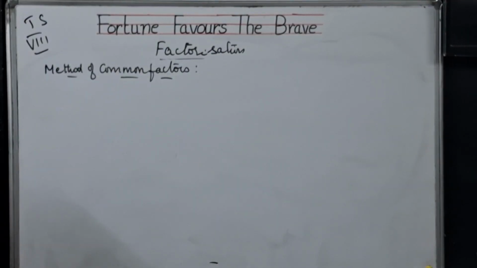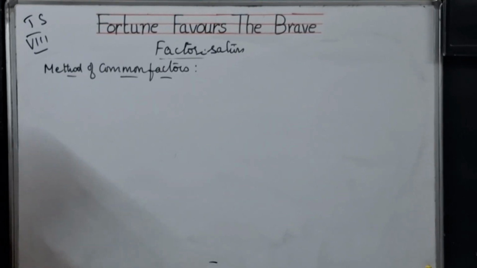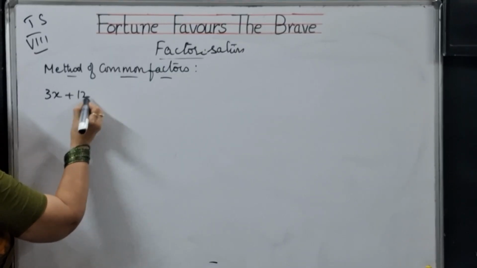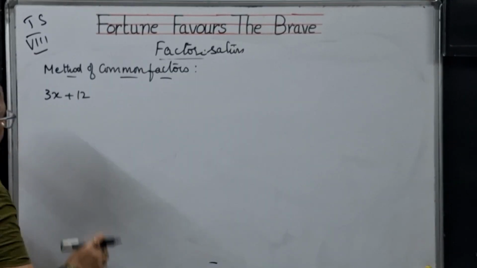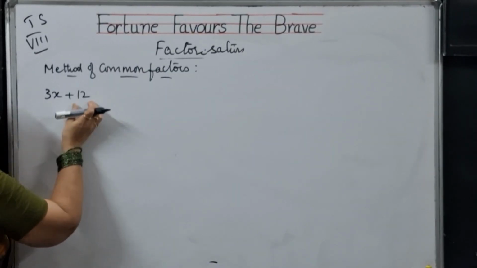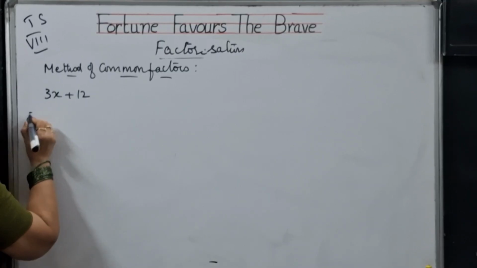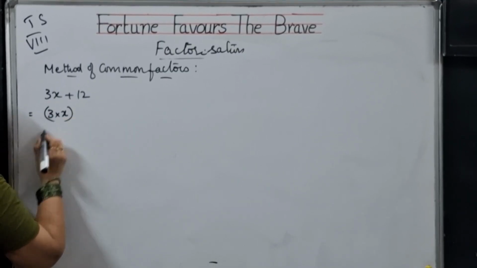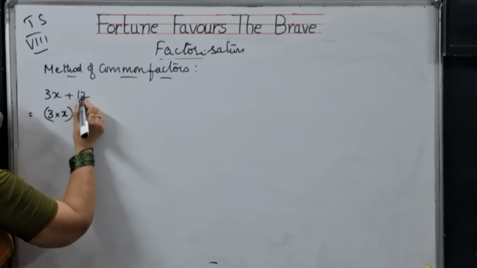Children, let us see the next part. Method of common factors. For this, an example that is given to you is 3x plus 12. If you have it like this, for each term, let us factorize. 3x can be written as 3 into x. Plus 12.